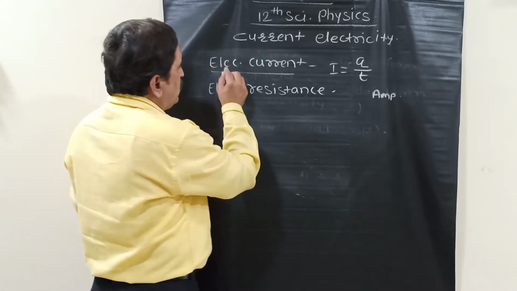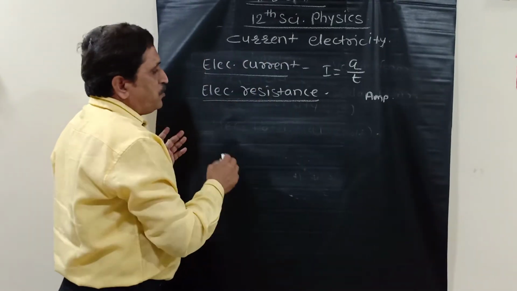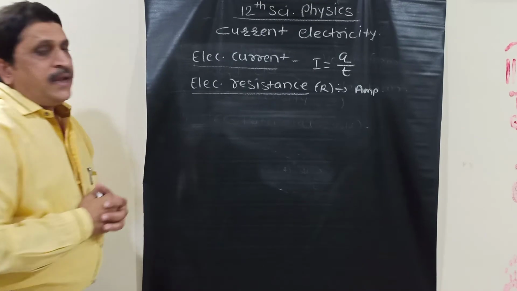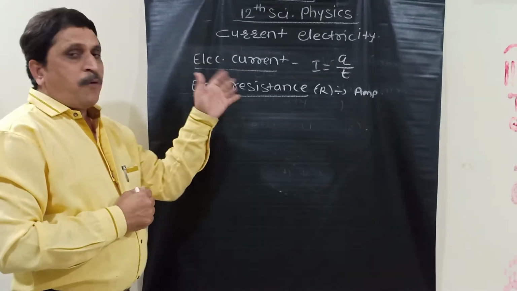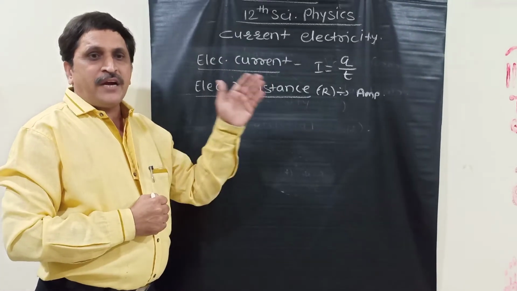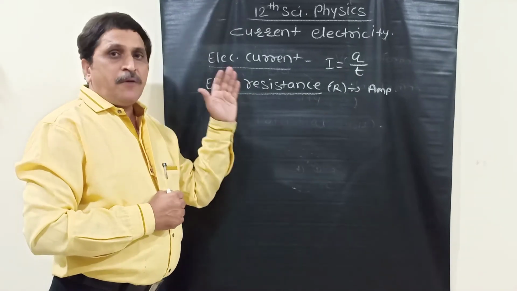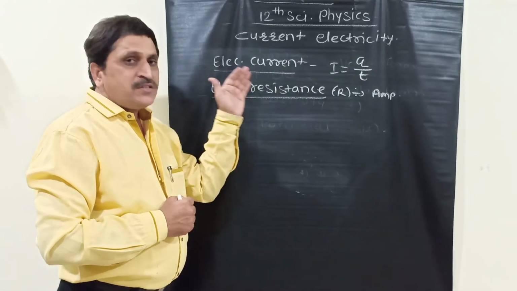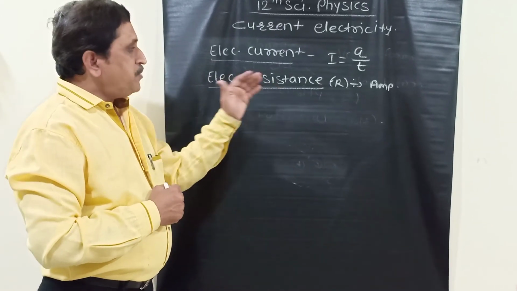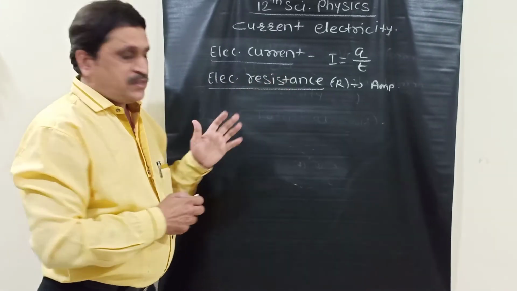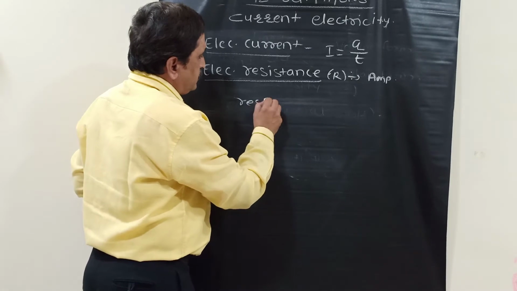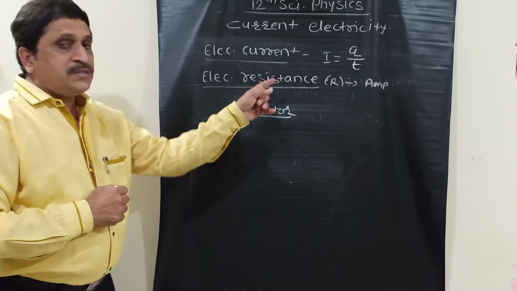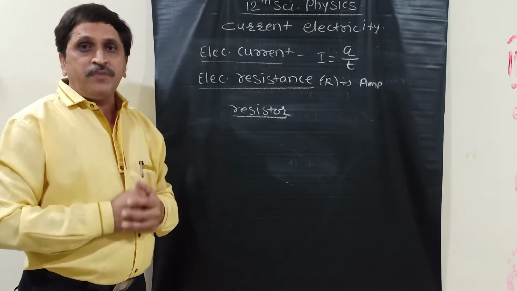Now electric resistance means what? Electric resistance is the property of the material. Because of that property, that material opposes the flow of electric current. The material which shows such type of property is known as a resistor. What I am telling, resistance is the property of the material.